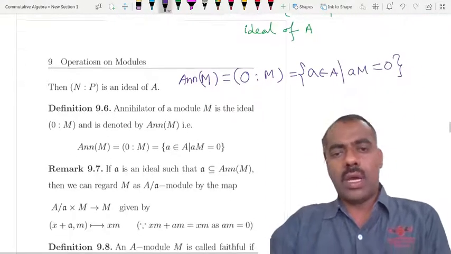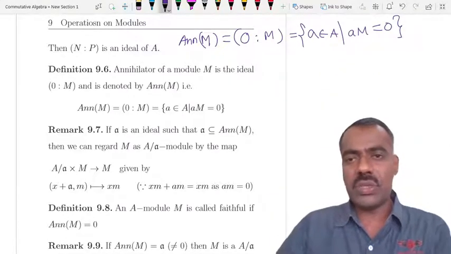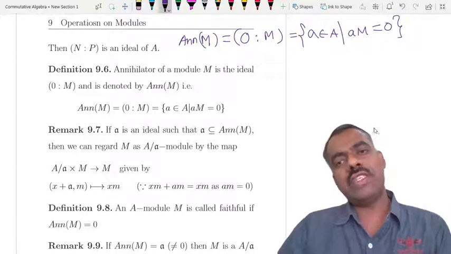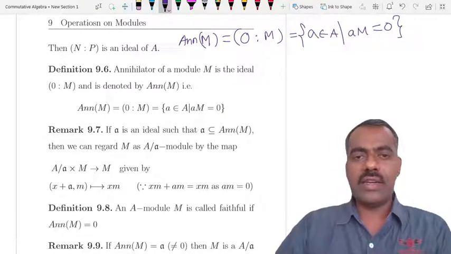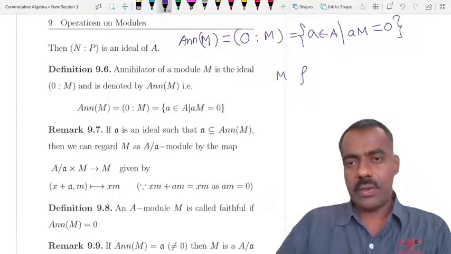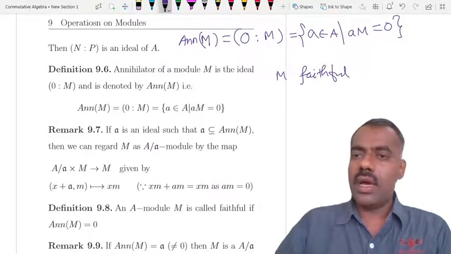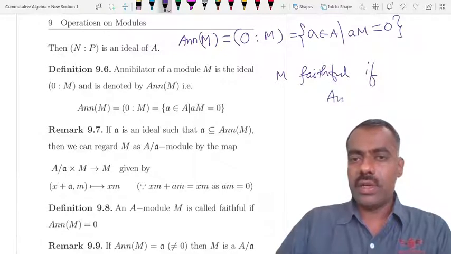And if the annihilator of m is precisely 0, that means 0 is the only element which kills every element of m, then we say that this m is called faithful. So m is said to be faithful if the annihilator of m is 0.